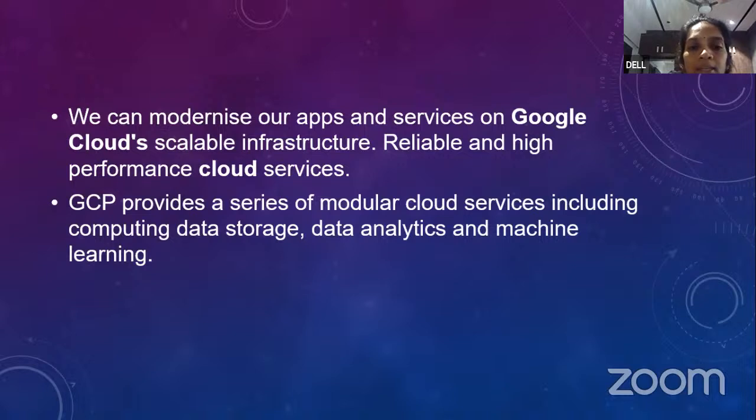GCP provides a series of modular cloud services, including cloud computing, data storage, data analytics, and machine learning. So if we choose Google Cloud as our cloud computing service, it itself gives the data storage capacity, we can analyze the data in GCP itself, and we can go on to advanced topics like machine learning, artificial intelligence, etc.